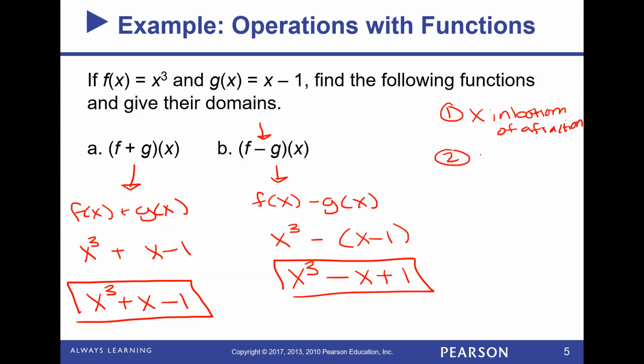Our second question is, is x under an even root? Again, if my answer is no, we keep moving on. The third question is, is it a piecewise function? And your fourth question is, is it a word problem?